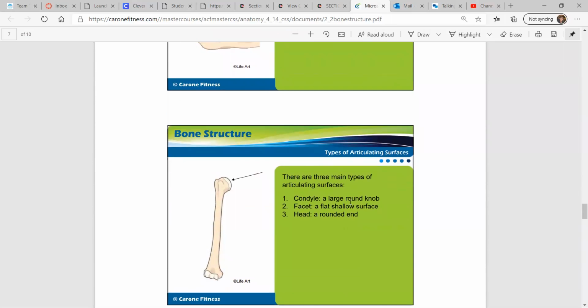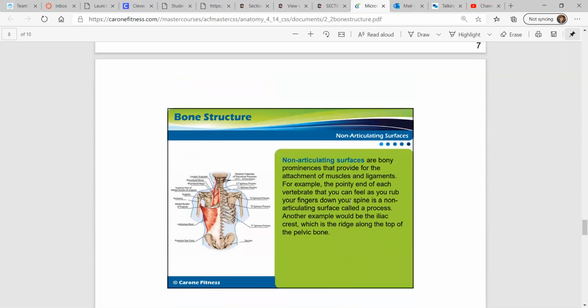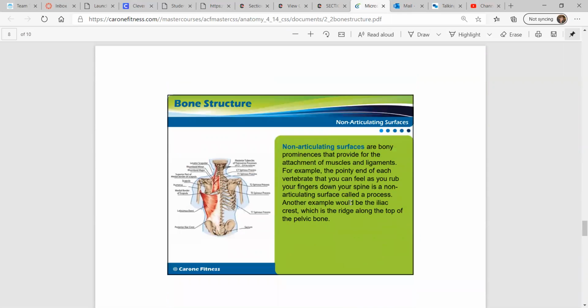Three main types of articulating surfaces are the condyle, a large round knob; facet, a flat shallow surface; head, a rounded end. Non-articulating surfaces are bony prominences that provide for the attachment of muscles and ligaments.